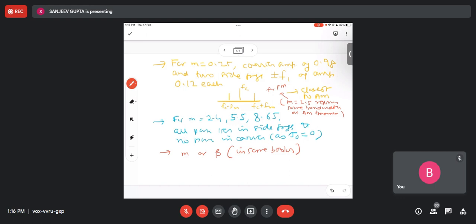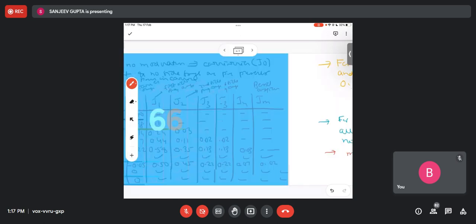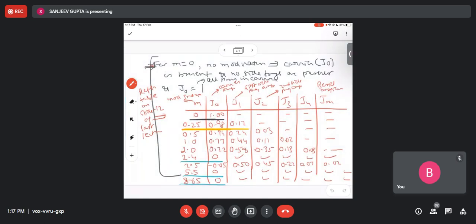Then we continued with the previous class, but now more from the Bessel function point of view. I now put the actual Bessel function amplitude in mathematical form, in tabular form, and in graphical form. But no need to remember. Normally, we follow the Bessel function in tabular form, because then you can straight pick up the values.